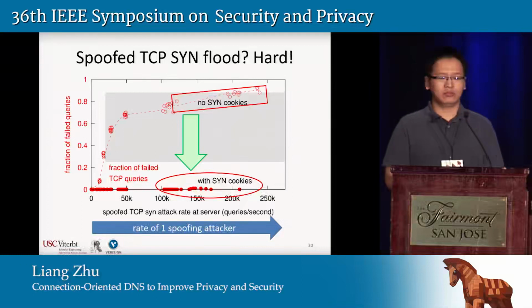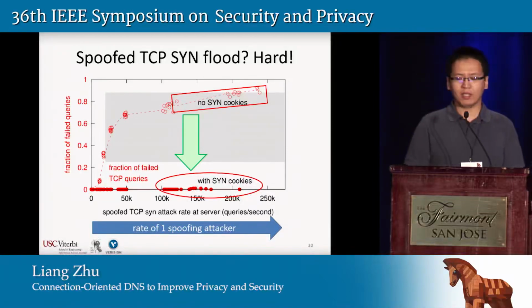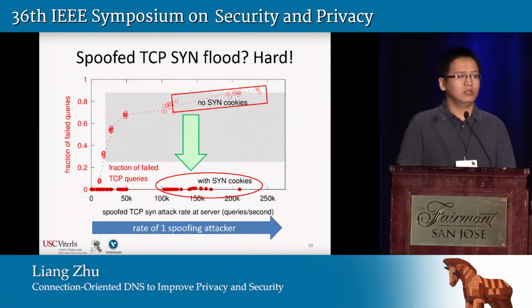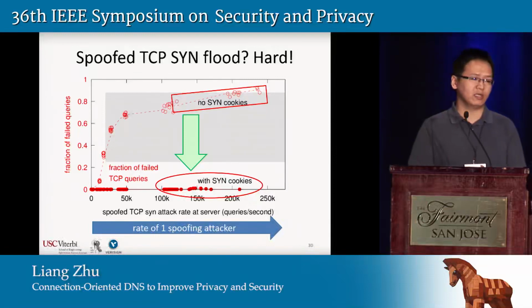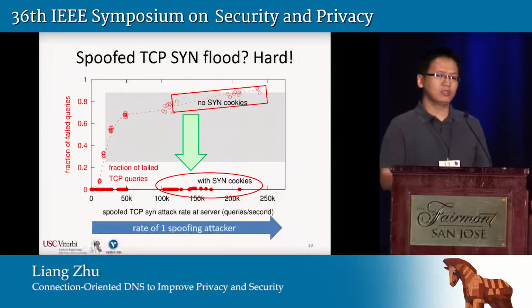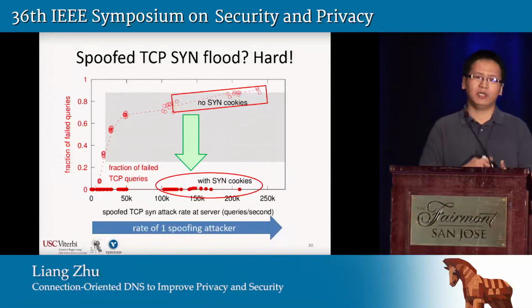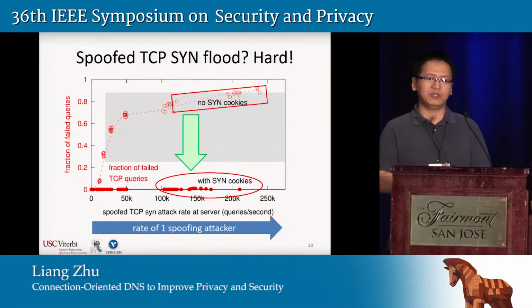To compare TCP performance with UDP, we also did the spoofed TCP SYN flood attack. Here, compared to the horrible performance without SYN cookies, the SYN cookie can actually help the server tolerate all the spoofed packets. So the server has more capacity for the real queries. The key point here is that it's very hard to do the spoofed TCP SYN flood with SYN cookie on.